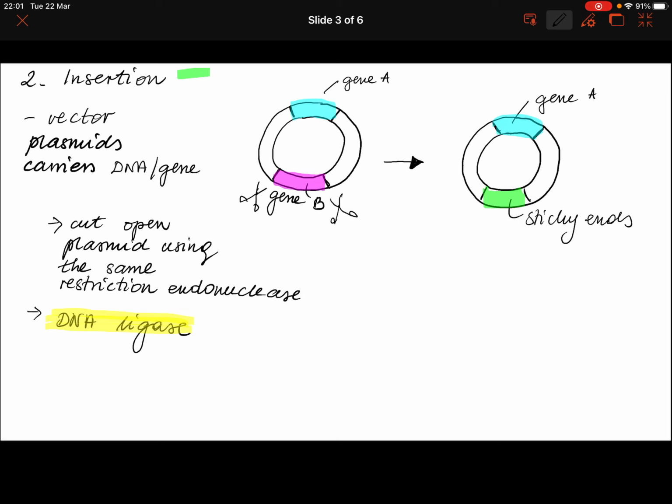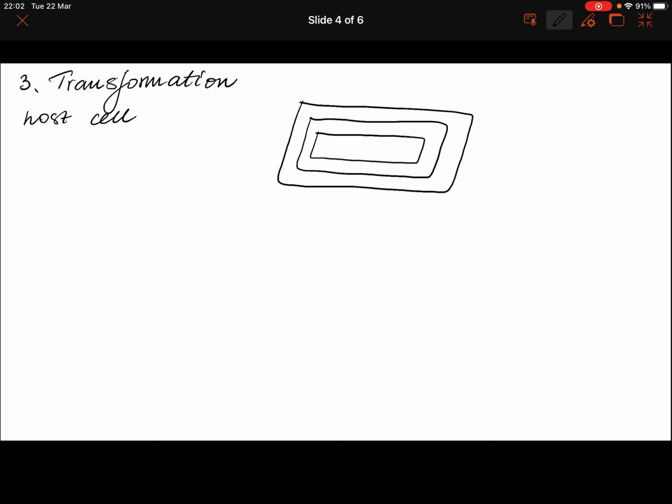Okay, and that was the process of insertion. So remember the key point here, I've lost the resistance to antibiotic B by doing that. So the vector, the plasmid, will now carry DNA to our next stage, which is transformation.